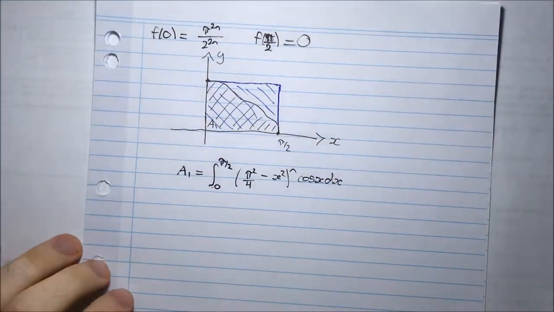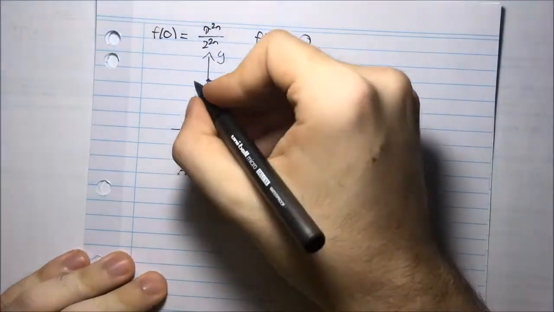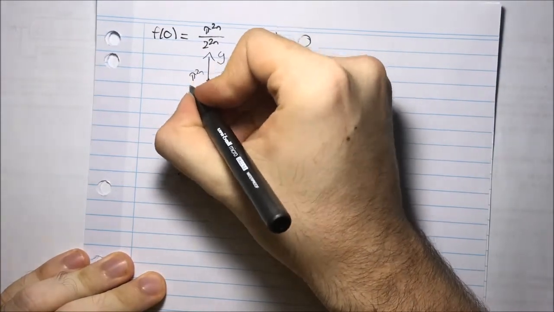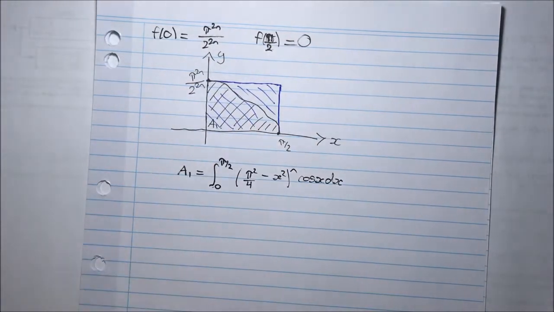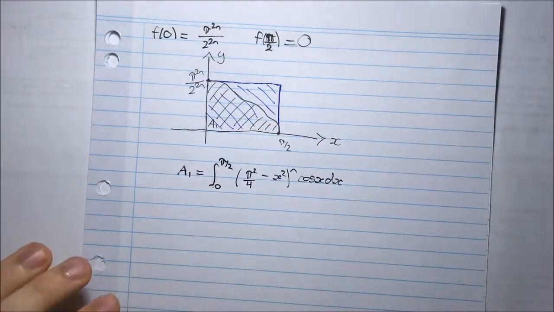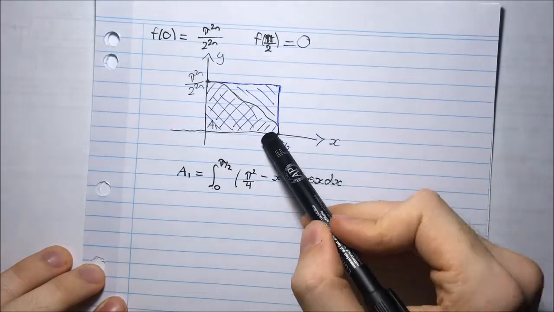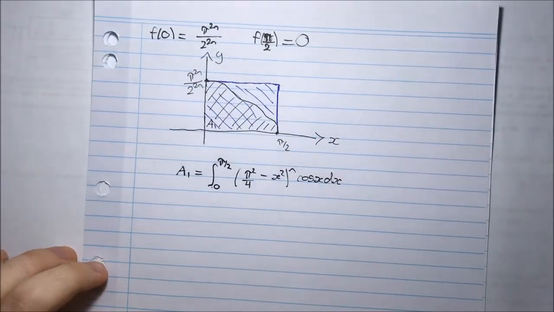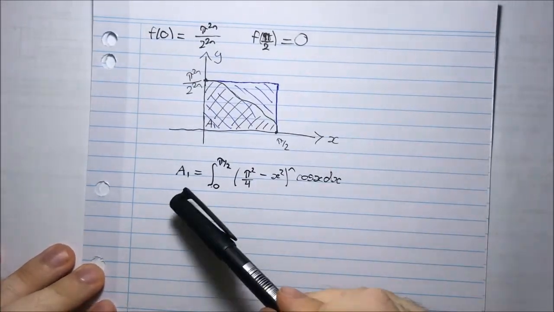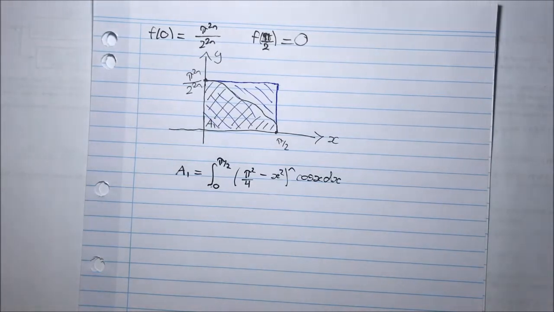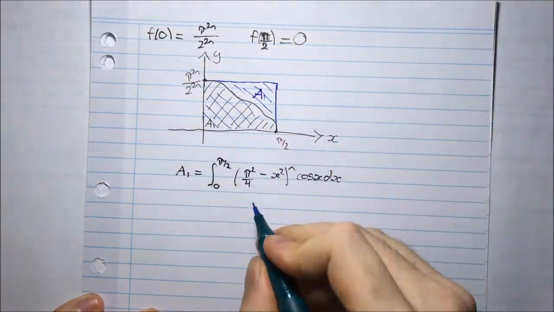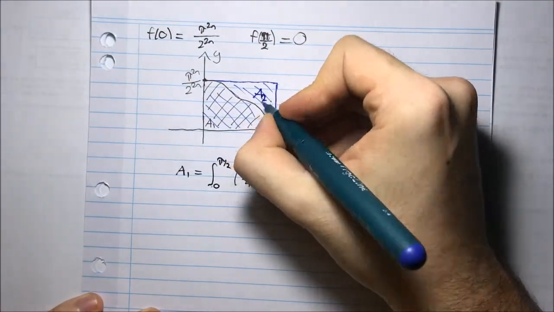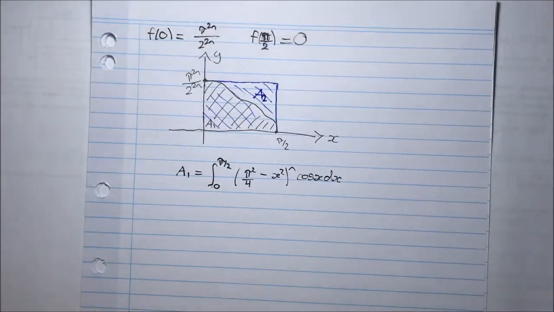I forgot to write down here that this was equal to pi to the 2n over 2 to the 2n. That's the function value at x equals 0. So I can easily work out the area of this rectangle. It's just the height times the base length. I'm going to call this A2, which represents the entire rectangle.